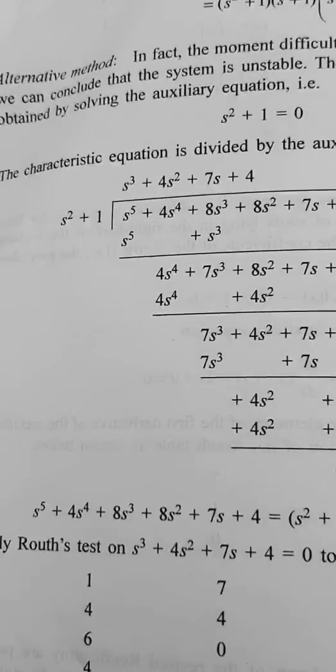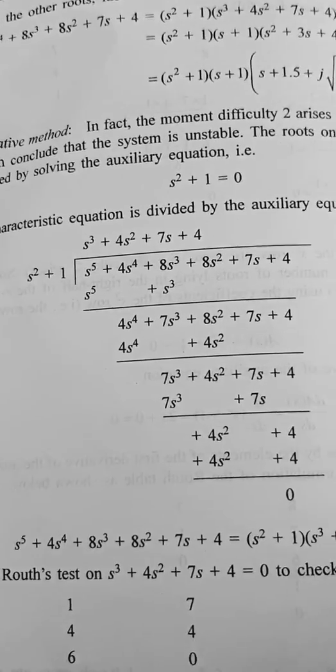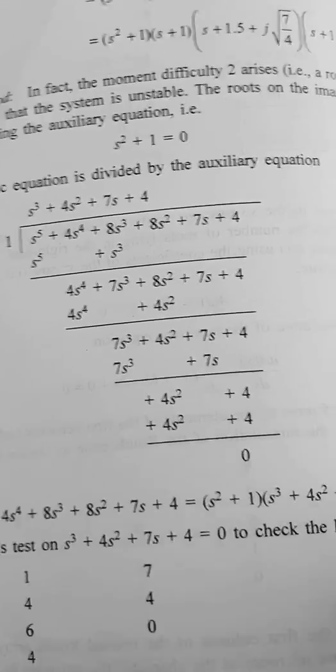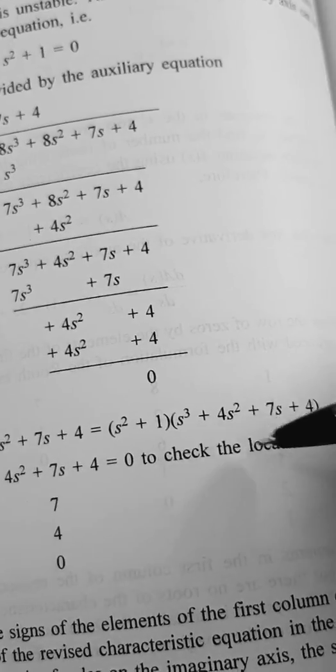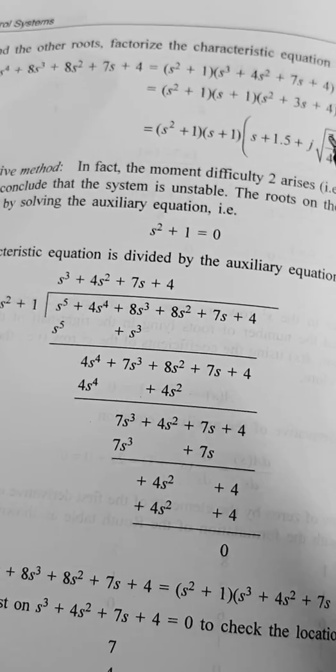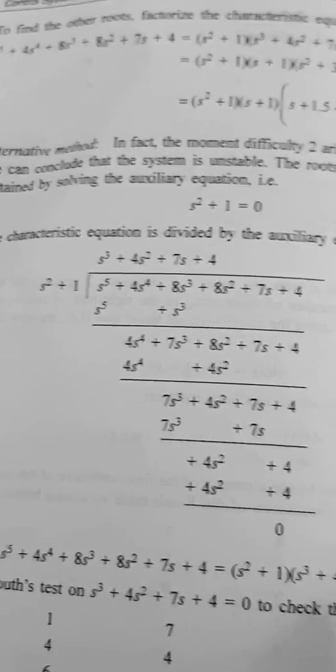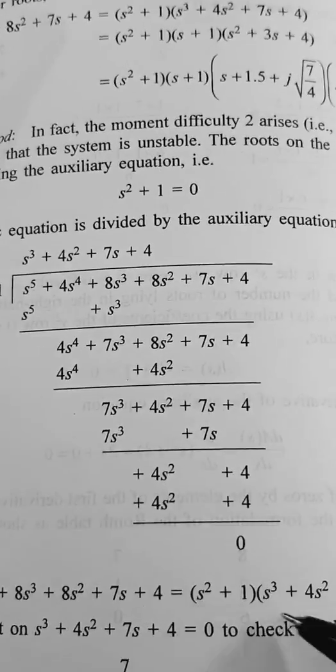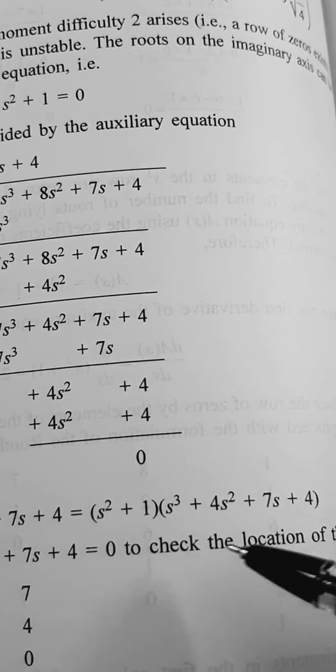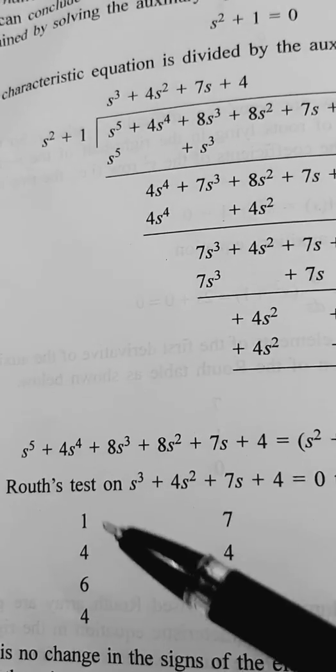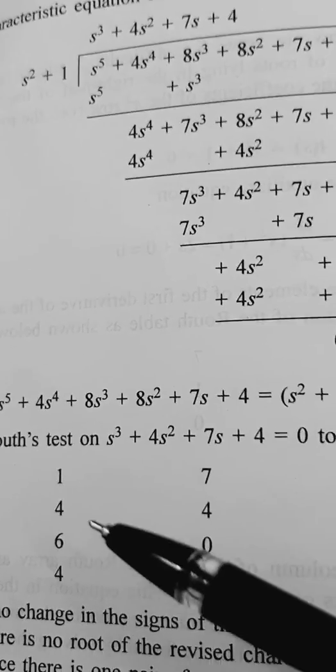Then the root test on the second term. If you go like this, a partial fraction, all those things, not partial fraction, factorizing. Here, another method is to use this and apply the root test.